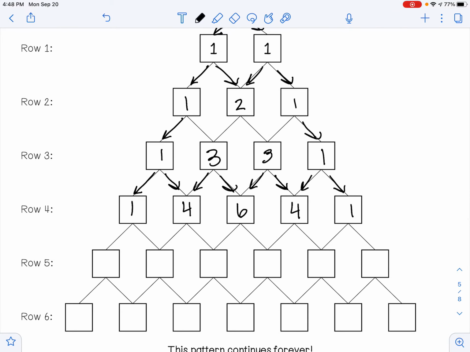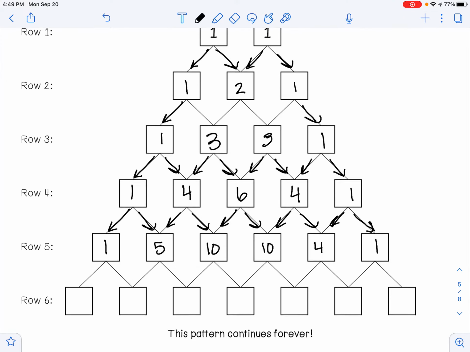For our 5th row, there's only 1 way to get to this box. 1 plus 4 is 5. 4 plus 6 is 10. 6 plus 4 is 10. 4 plus 1 is 5. And then there's only 1 way to get to this box.